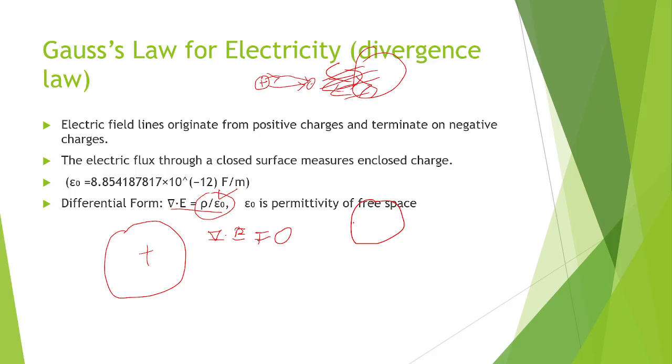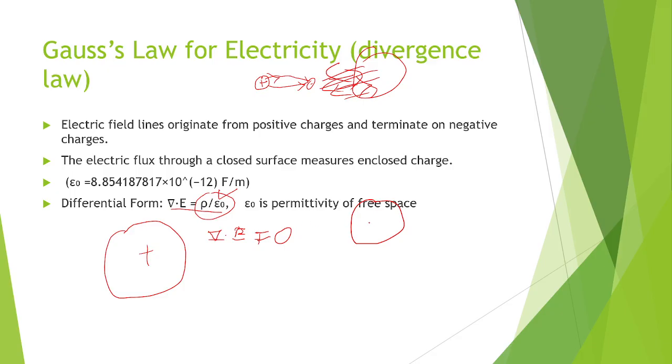So that means outside the charges, if we draw a closed surface or closed path, we will have the divergence of E be zero, because outside the source the divergence is zero.